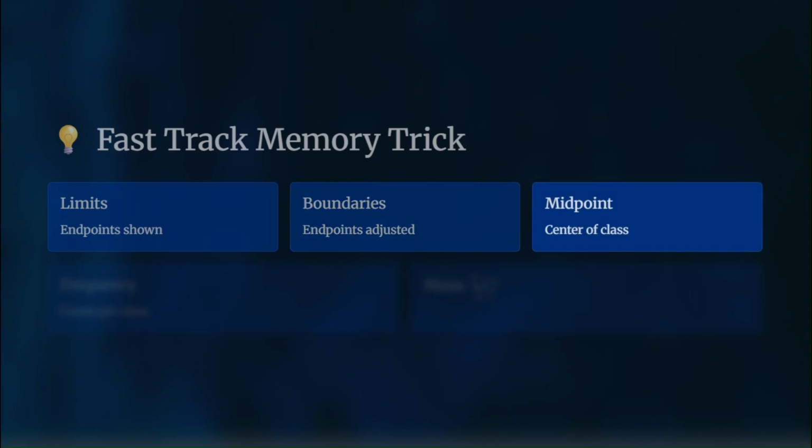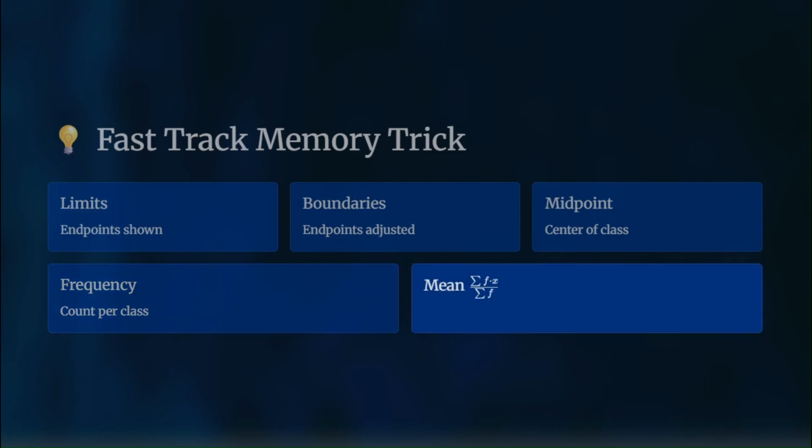And the class width would be the upper minus the lower boundary, or the difference between 2 consecutive lower class limits. The frequency is the count per class, and we can use midpoints and the formula to estimate the mean, and we can also use midpoints and the formula to measure the spread in group data.